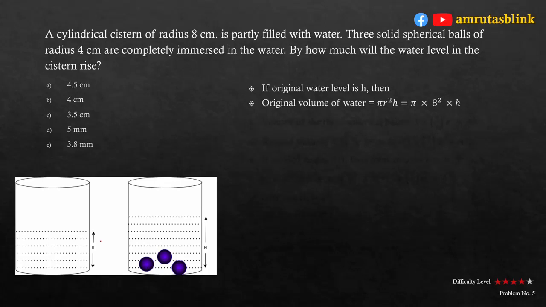Now 3 solid spherical balls of radius 4 cm are completely immersed in water. So we'll find out the volume of these 3 spherical balls. Now the volume of a sphere is 4 by 3 pi r cube. So the volume of these 3 spherical balls will be 3 into 4 by 3 pi r cube. The radius is 4 cm.